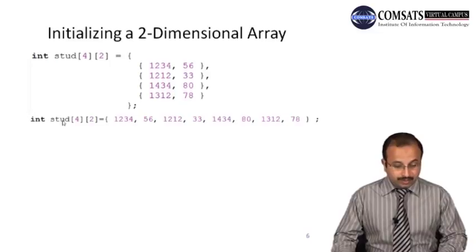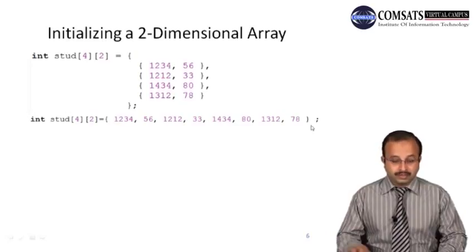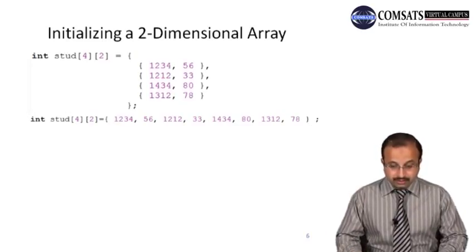So now the compiler knows that it has to create 4 rows and 2 columns of these values. This means 4 into 2, 8 values, so the 8 values must be provided. So it becomes the first row, second row, third row and fourth row. Okay, so these are the correct ways to initialize the two-dimensional array.